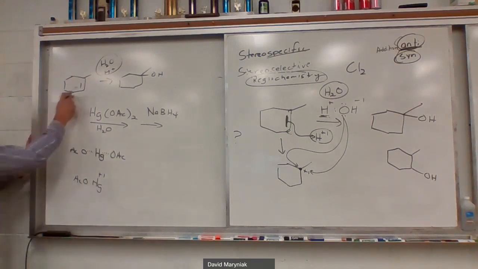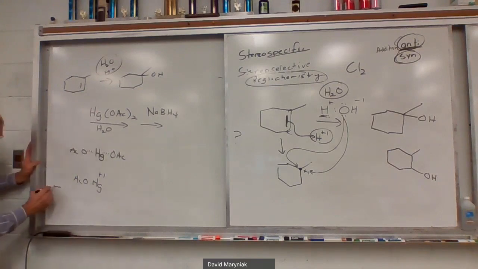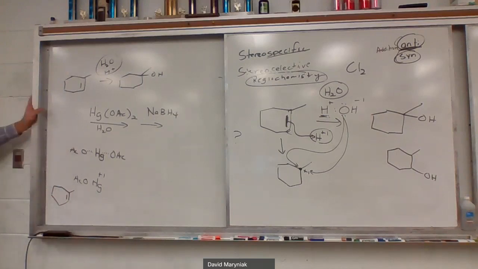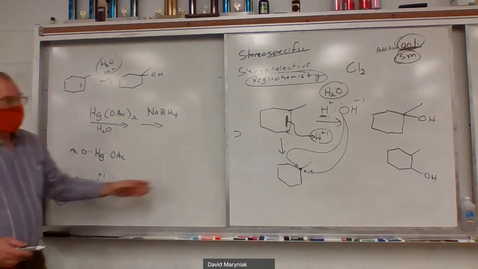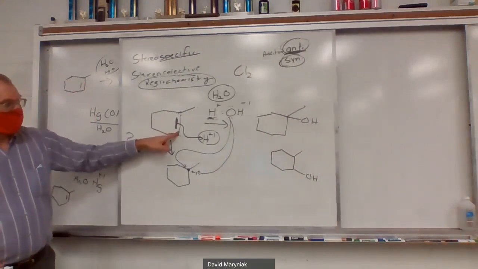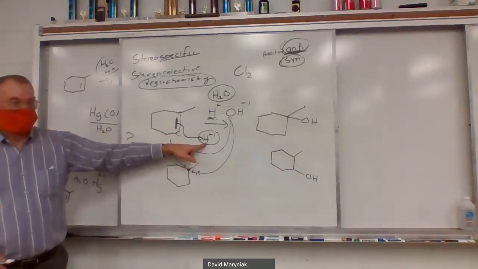So if I go with our same ene, where is mercury preferentially going to end up? So just like this, which carbon preferentially grabs the positive proton?